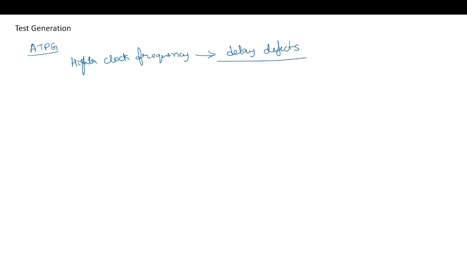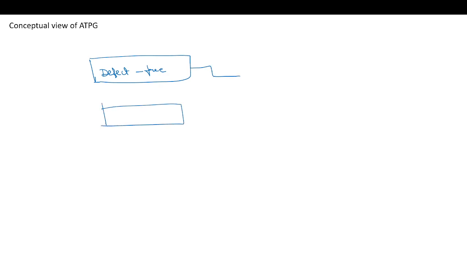Conceptually, ATPG is like this: we have a defect free circuit from which we obtain the golden response, and we have a defective circuit. Now this output is the faulty output, the output of the circuit which has the error.